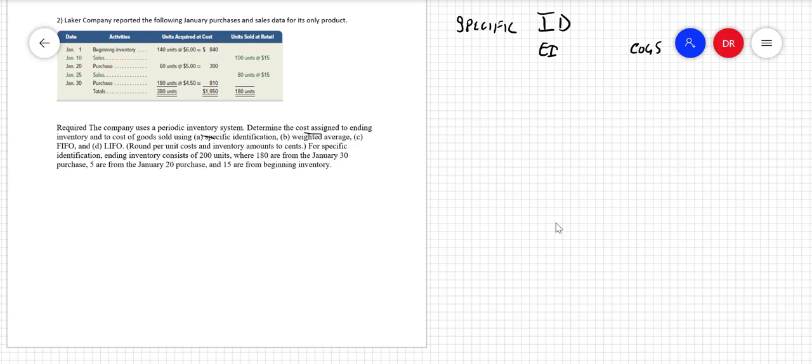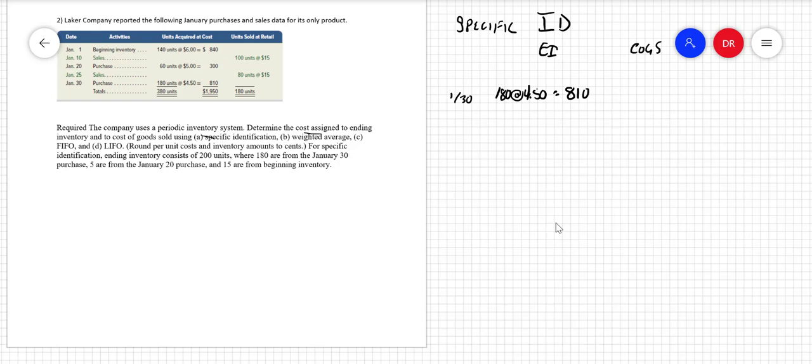And basically here it tells us ending inventory consists of 200 units, where 180 are from the January 30 purchase. So we're kind of working backwards here, but we go down to 130, and we have 180 in ending inventory, and the cost is $450. So that equals a cost at ending inventory of $810 for that particular item.